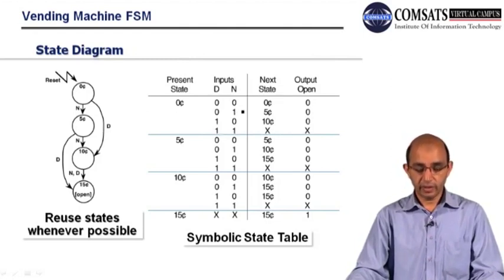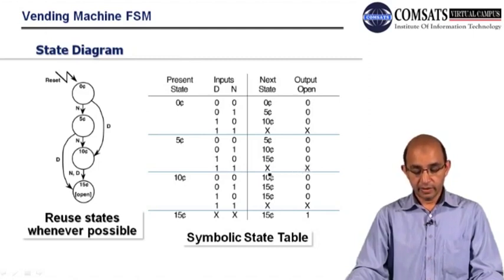What are the possible scenarios? We can insert 5 cents, or here we have inserted 10 cents. If we are at 5 cents, we can insert 5 more and reach 10, or insert a dime and reach 15. 1 1 here again is not allowed.